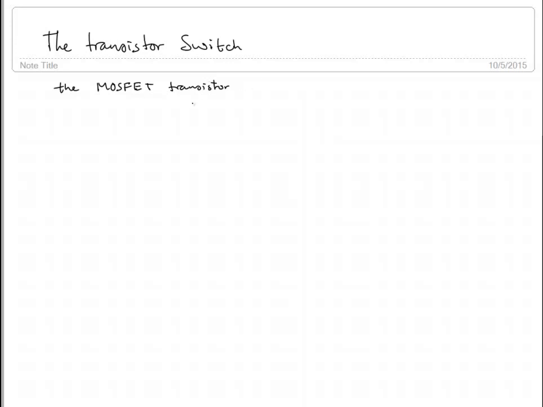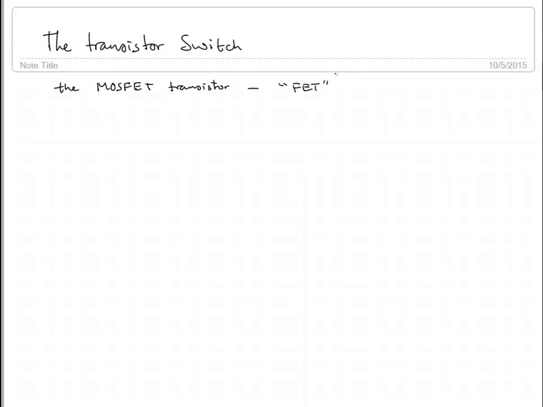We oftentimes refer to a MOSFET as just a FET, a field effect transistor, though there is more than one type of FET. But the most popular type these days is the MOSFET, so when you say FET, most people will assume you are referring to a MOSFET.